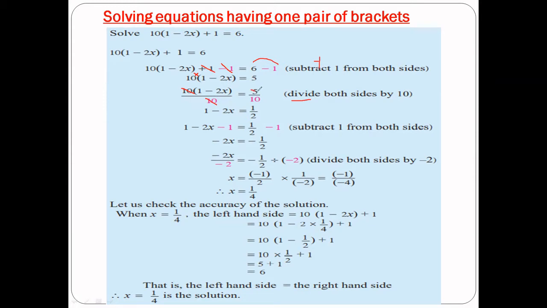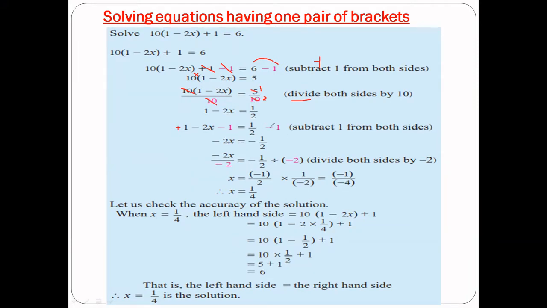In this side 5 into 1, 5 into 2, 10. So you can write as 1 over 2. Now here in this 1 minus 2x, here the sign is plus. How to remove this plus 1? Subtract 1 from both sides.